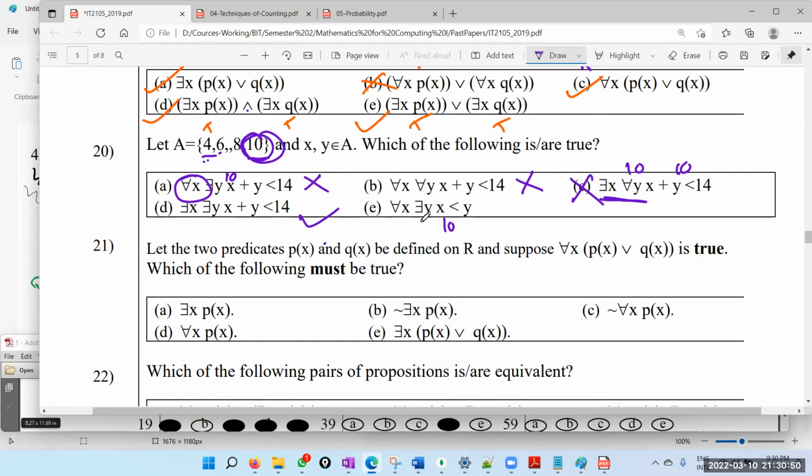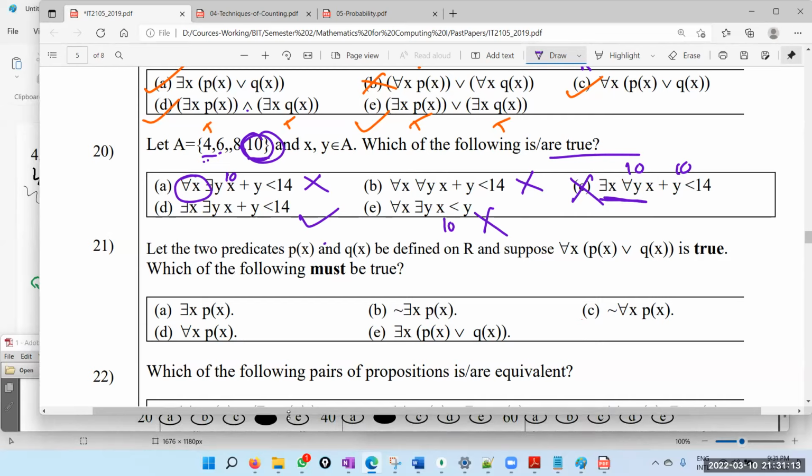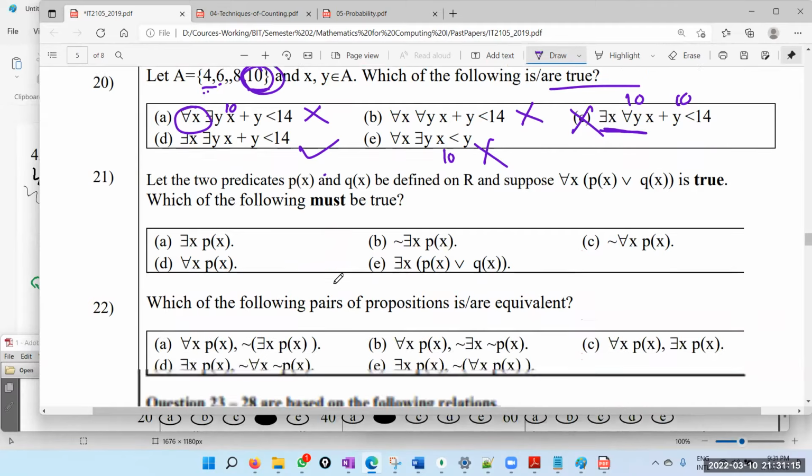No, there is no y value. If I take x as 10, the y value must be bigger than x. There's no such case. So this is definitely wrong. So the answer must be D. Yes, the answer is D.